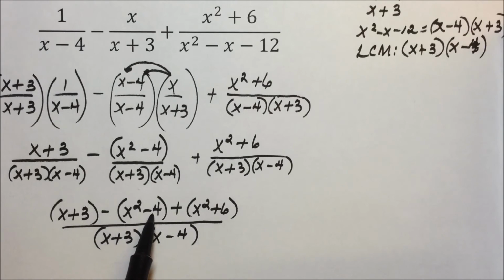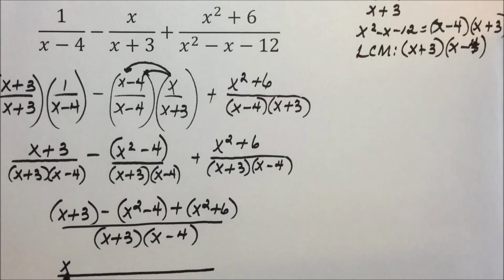Subtraction of a quantity, we can change the signs and add, and simplifying this further, we will end up with x plus 3, subtract x squared, minus a minus is plus 4, plus our x squared plus our 6 all over, again, that common denominator.